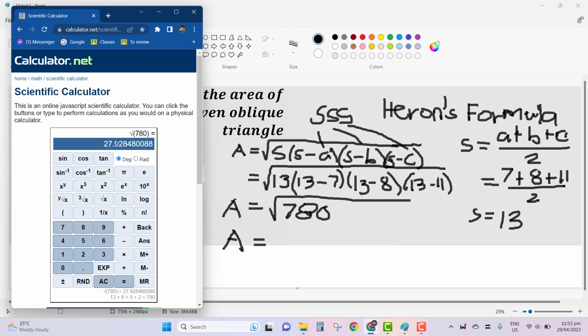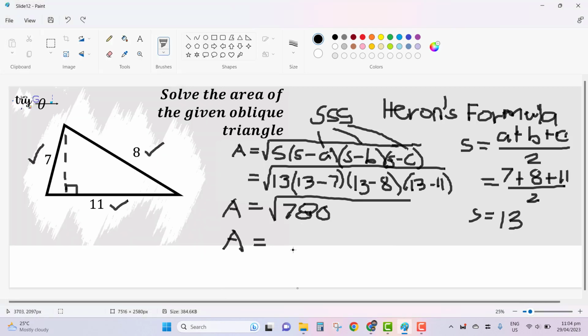We are going to approximate this by rounding it off into 2 decimal places. So that would become 27.93.